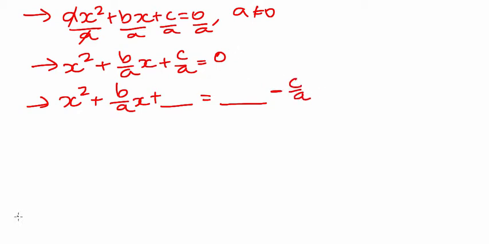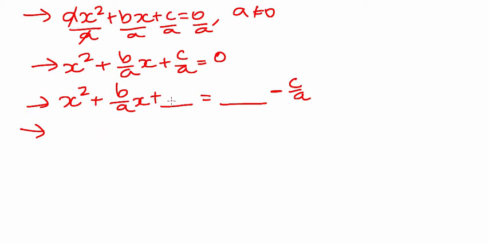So I haven't really changed anything. If you cancel this and bring this one over, you get the same thing, and if you multiply the whole thing by a, you get the top one. So I haven't changed anything.